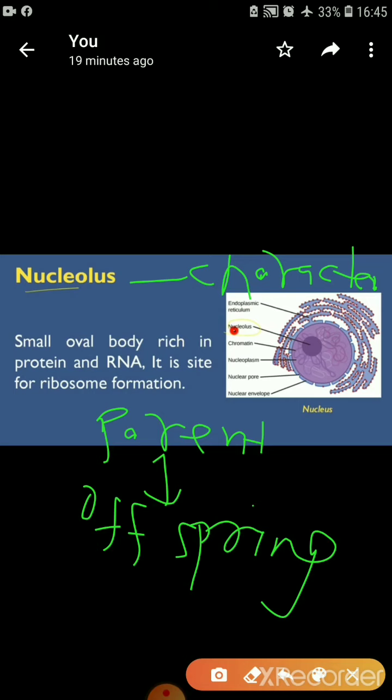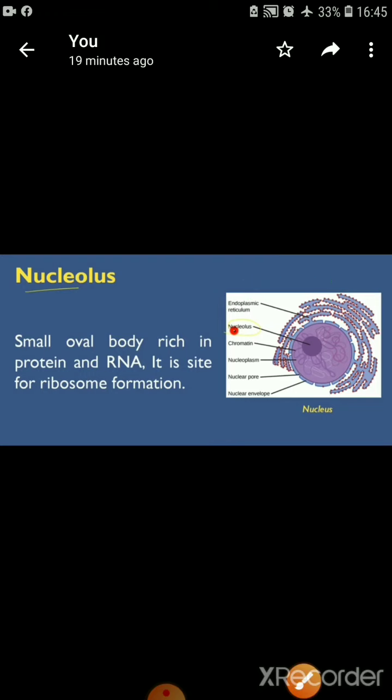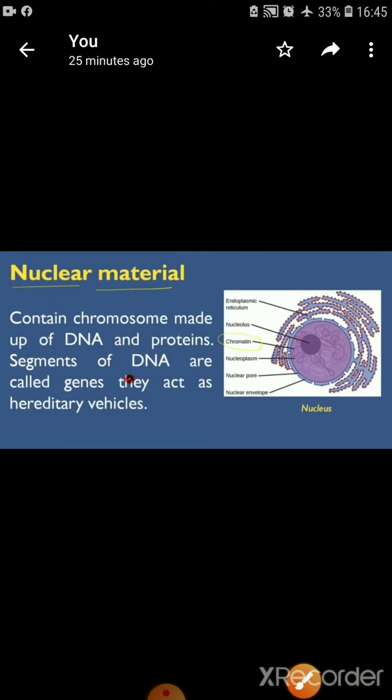In technical language, the babies born to parents we call offspring. So such characters that pass from parents to their babies, to their offspring, happen only due to DNA and RNA, which have genes, the genetic material. Clear?